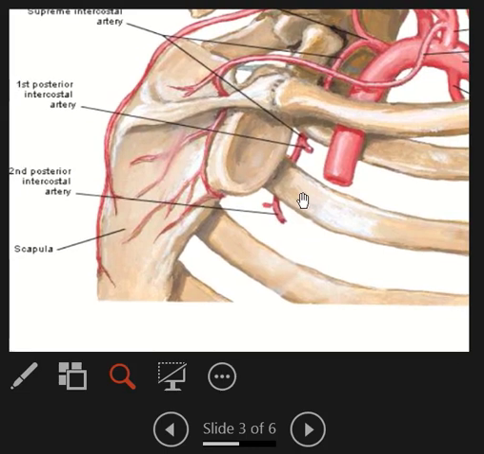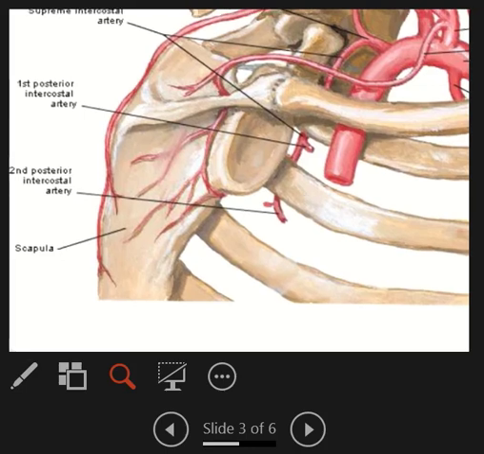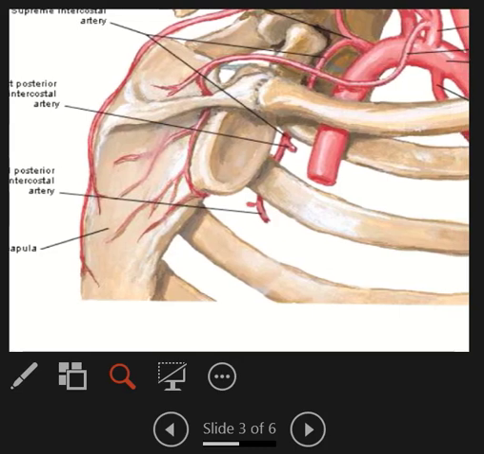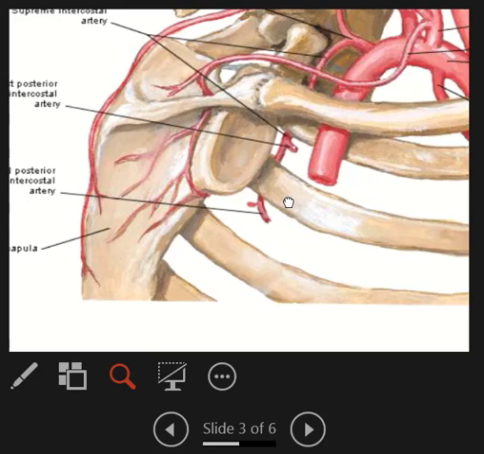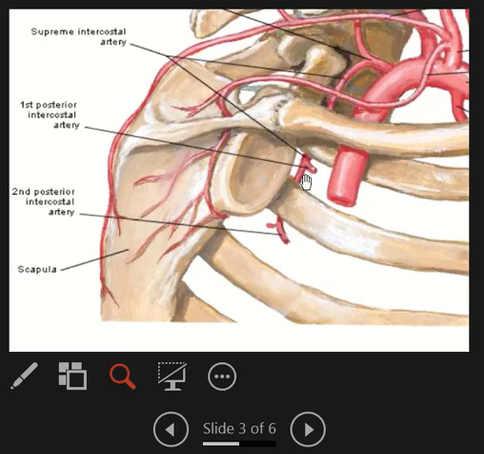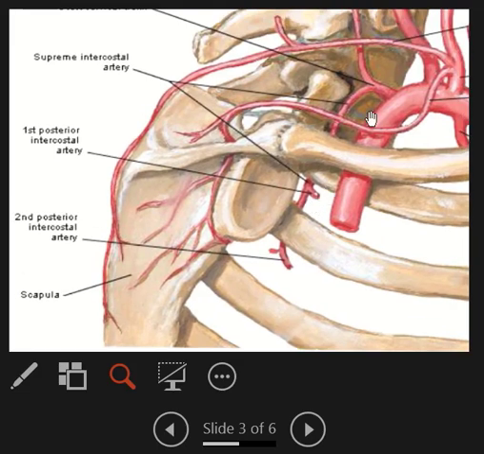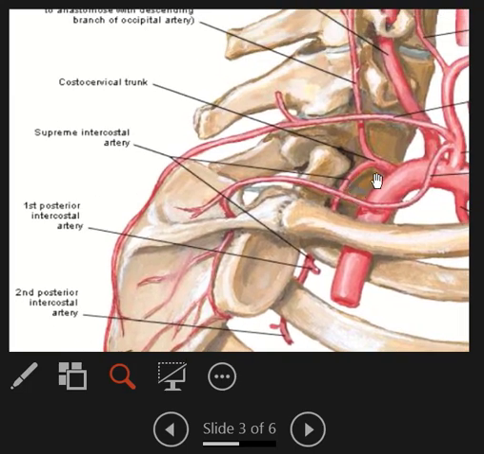As you know, the thoracic aorta has 9 pairs of posterior intercostal arteries for the 3rd to 11th intercostal spaces, but the first and second spaces are supplied by the supreme intercostal artery, a branch of the costocervical trunk.